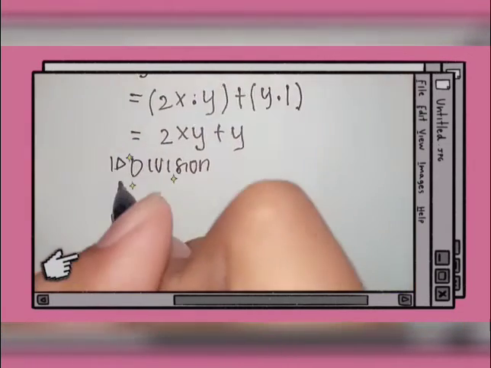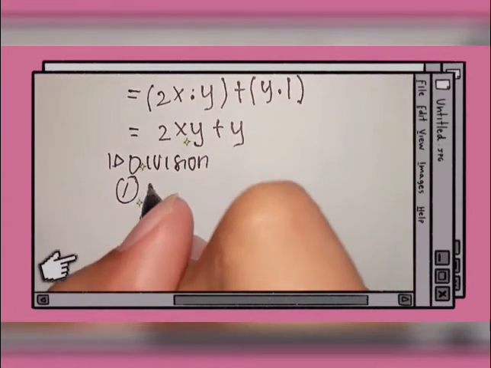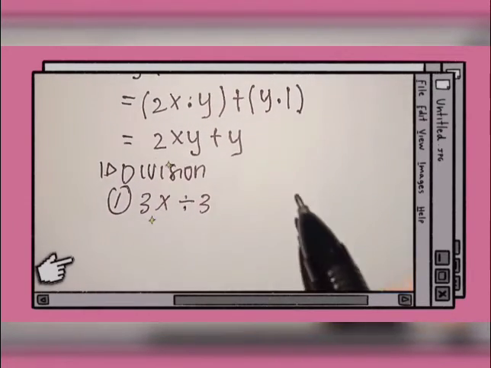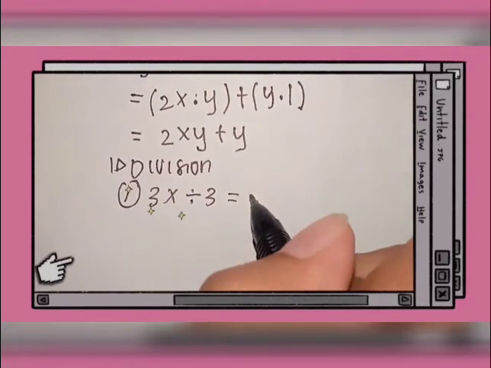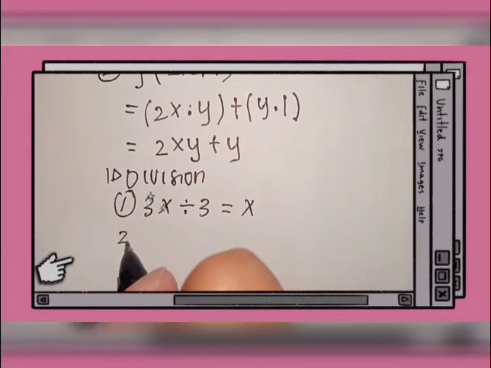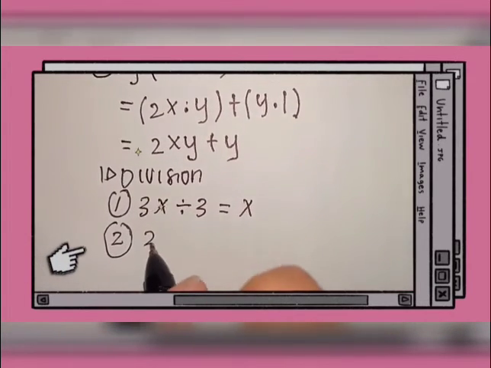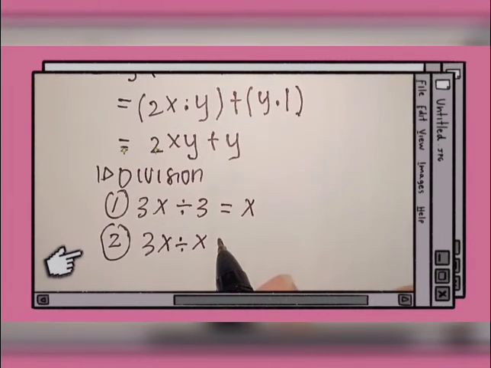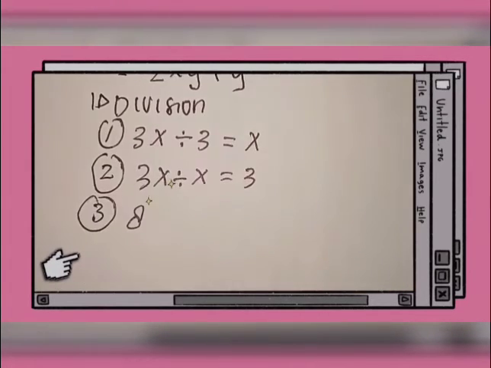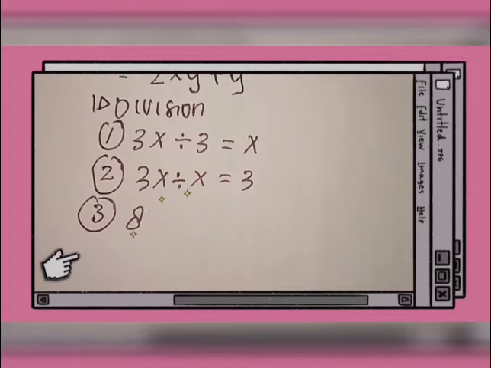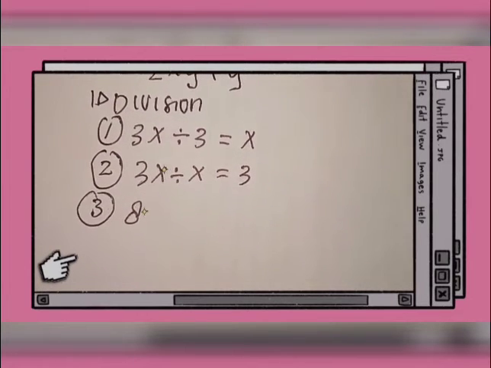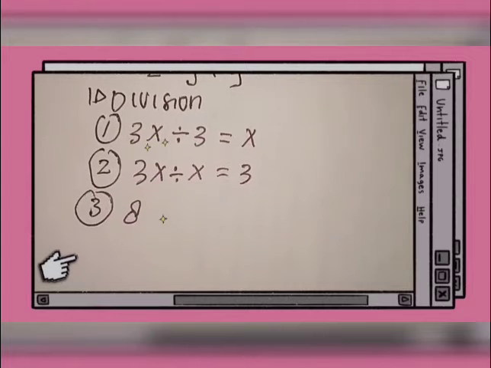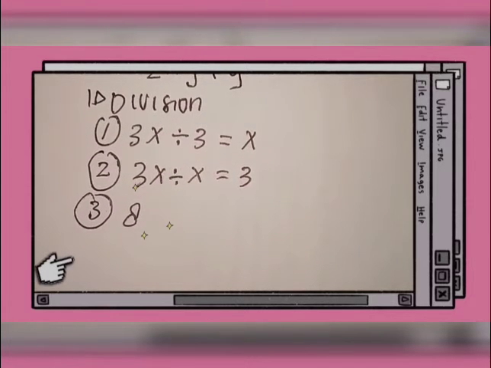Division, number 1, 3x divided by 3 equals x. Number 2, 3x divided by x equals 3. Number 3, 8x to the power of 2 times y divided by 2x equals 4xy.